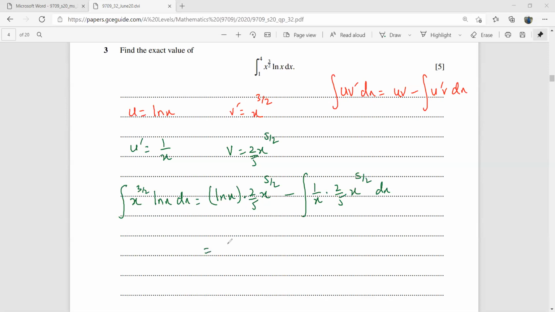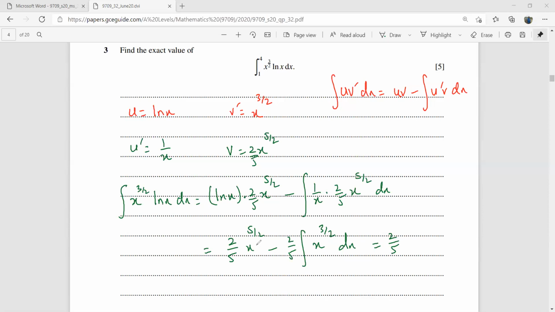Okay, so now I can write it as 2 by 5 x raised to power 5 by 2, and some simplification to be taken into account here. So this is 5 by 2 minus this power 1. So that is going to result in 3 by 2, I think. Yes. And now you can finally get it as 2 by 5.